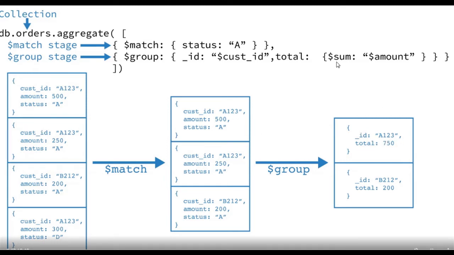Since we are mentioning sum of amount, 500 and 250 are added, the sum is calculated, and 750 is represented here. Similarly, it will work based on whatever data you are specifying in the collection. It can work on multiple documents in a collection.